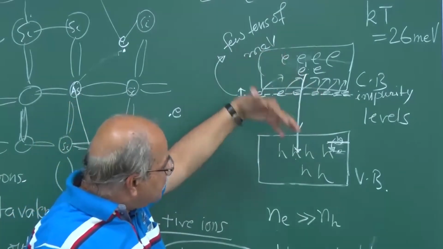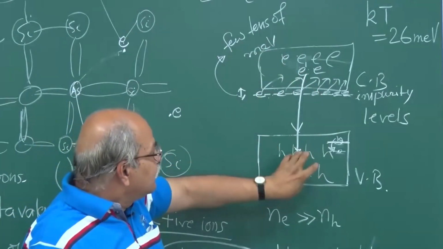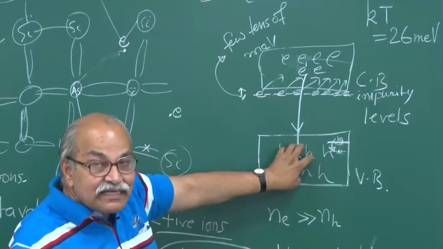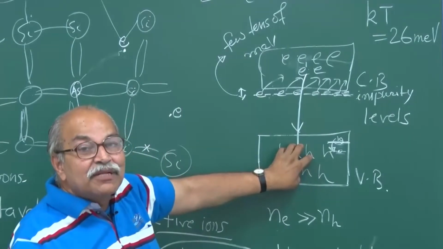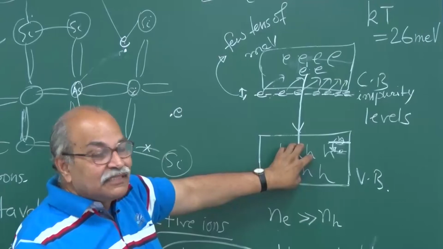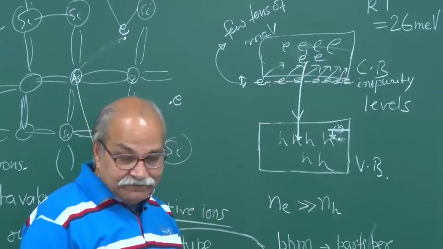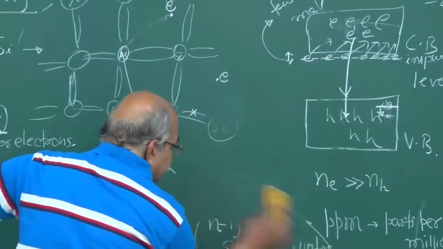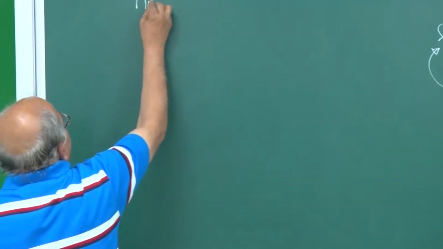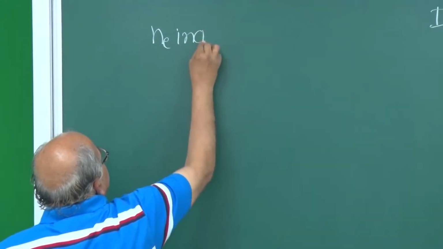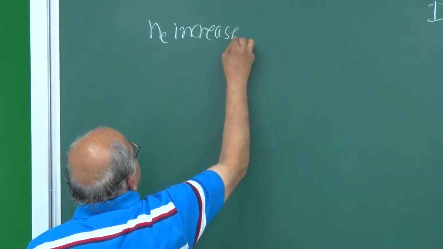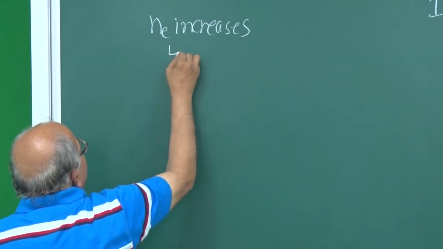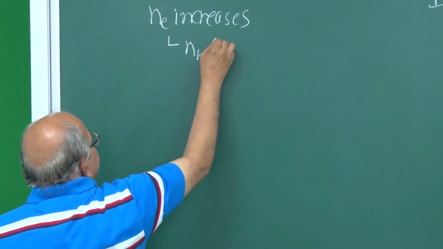So through these recombinations, the number of holes will decrease and a new equilibrium will be set up. So Ne increases through this doping, and at the same time NH decreases.